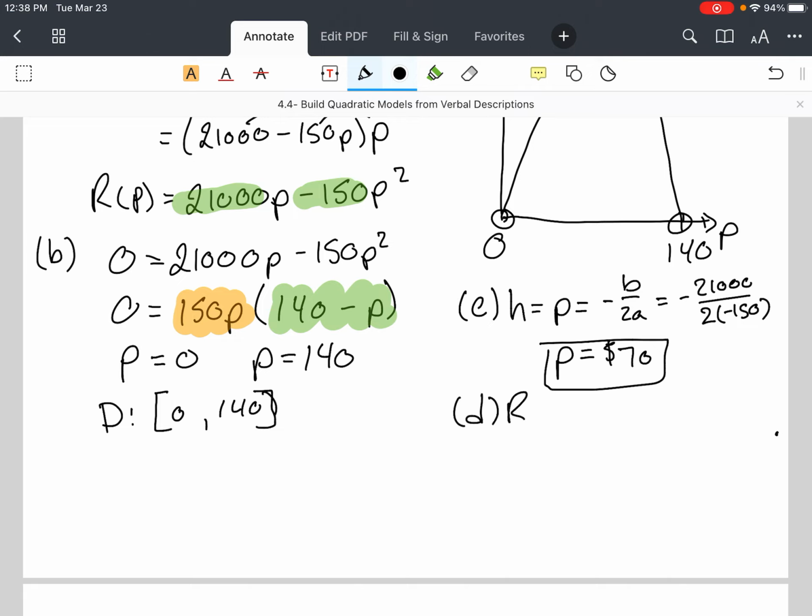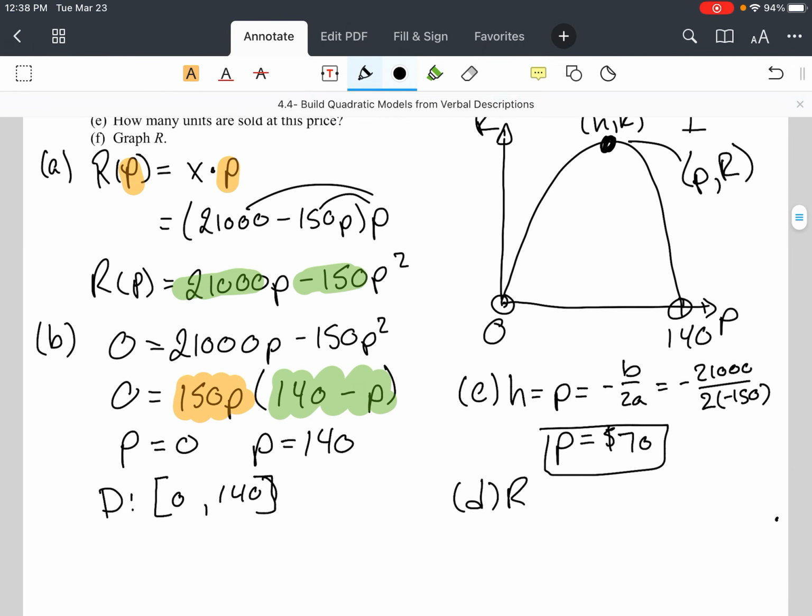Now we need to look at the revenue that we can expect from this. To find the revenue, remember revenue is your k value. To find your k value, simply plug in the price that we found in for p.